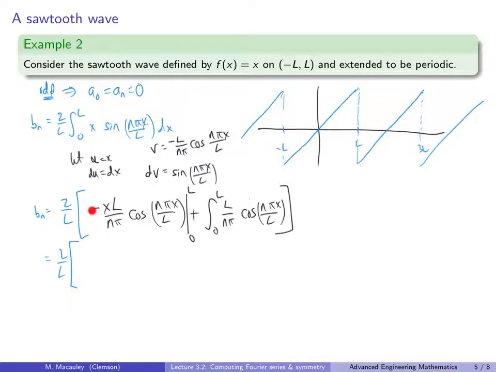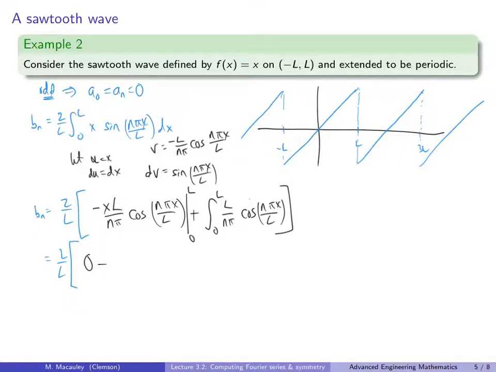Okay, so we got to be careful with this. It's easy to mess up a sign, S-I-G-N. So this negative sign, I'm going to make it positive, and then I'm going to switch the 0 and L. So I'm going to plug in 0 first. If I plug in 0 first, I get 0 because 0 goes into x. So I'm going to get 0 minus what I get when I plug L in.